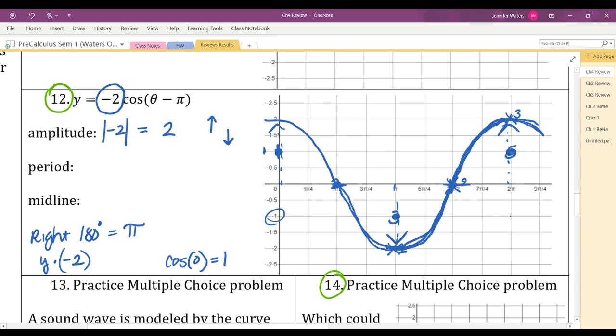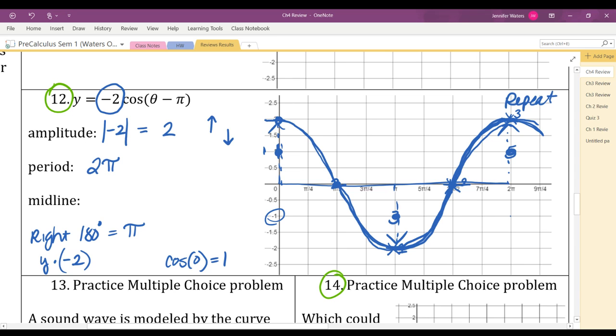Now, the period means if I were to look at the pattern starts here, goes down, and comes back up. And this is where my pattern is going to start to repeat. So notice it goes from 0 to 2 pi before it starts to repeat. So the period is 2 pi from start to finish. The midline is where it cuts it in half.